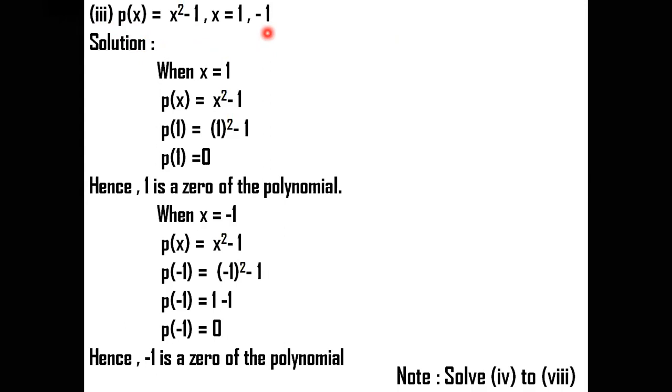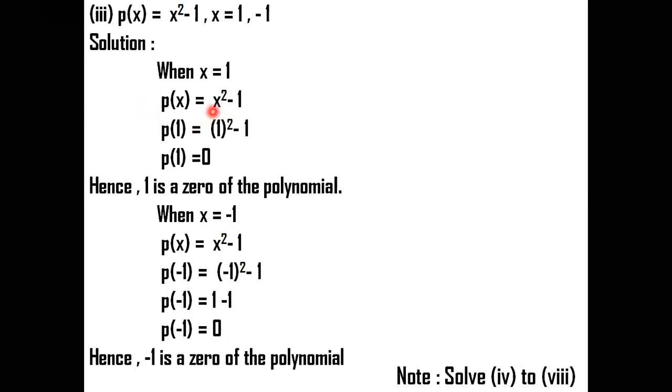As we did with the previous sums, all that we do is replace the value of x first by the number 1 and then by the number minus 1. Let's get into the solution. So when x is equal to 1, I'll write the question first, that is P of x is equal to x square minus 1. All that I'm doing now is replacing the value of x by 1.